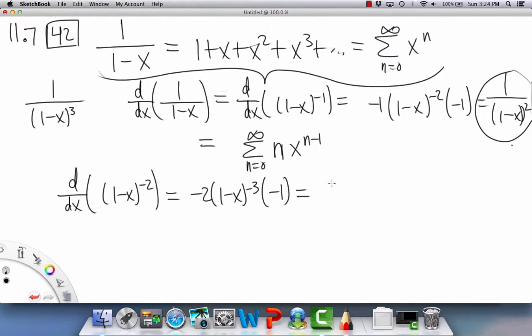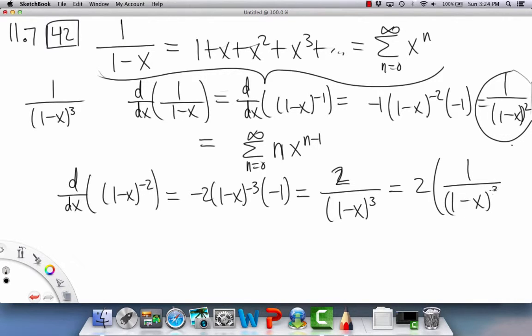So then we actually get 2 over (1 minus x) to the third. We have this factor of 2 on top, so we'll bring that out for simplicity. Everything in parentheses is what we're interested in.